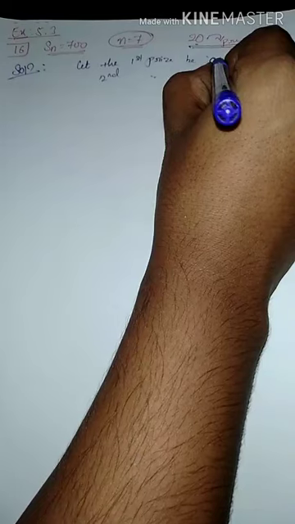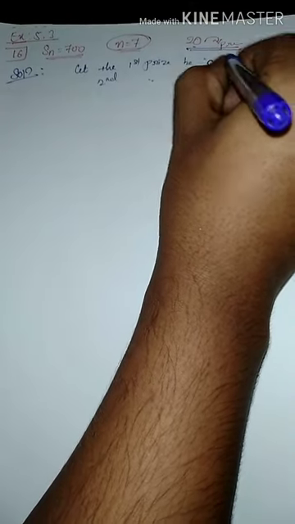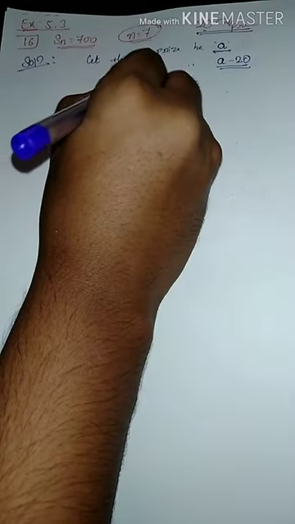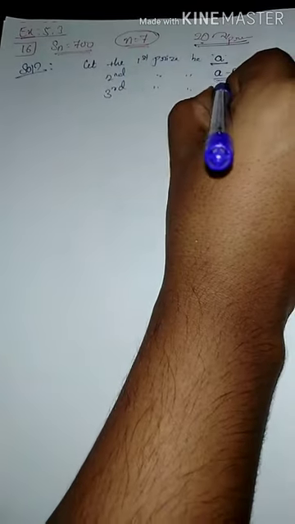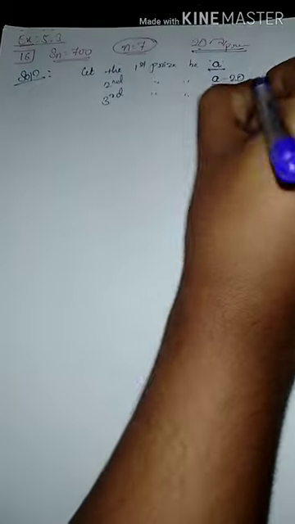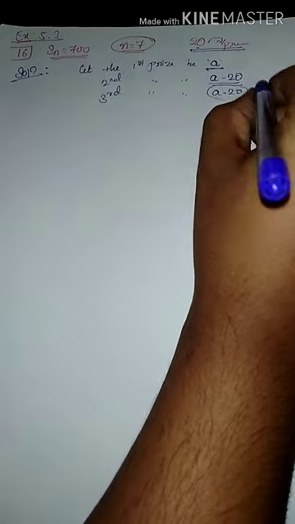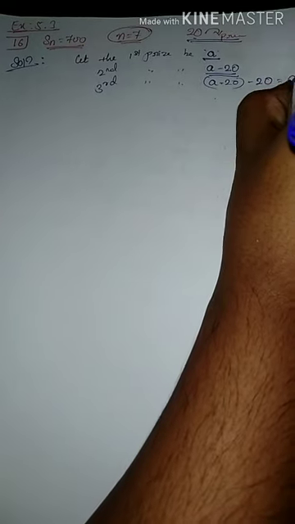So the first prize is A and the second prize is 20 less than its preceding prize, that is A minus 20. And the third prize will be A minus 20, then again 20 less than its preceding prize, minus 20 minus 20 is minus 40, A minus 40, and so on.